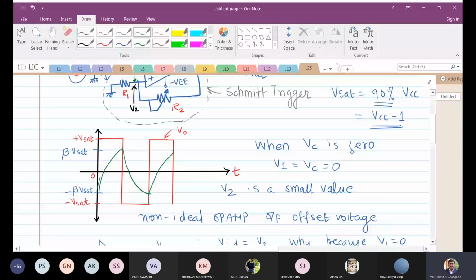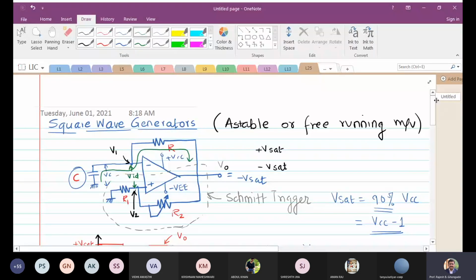So this is how the voltage across the capacitor is getting charged. Now your question is that it was charged to this value beta Vsat, and then how does it discharge? As I said, it discharges first like this to ground and then charges to this value again. But as you can see here, it does not completely charge to plus or minus Vsat. Why?